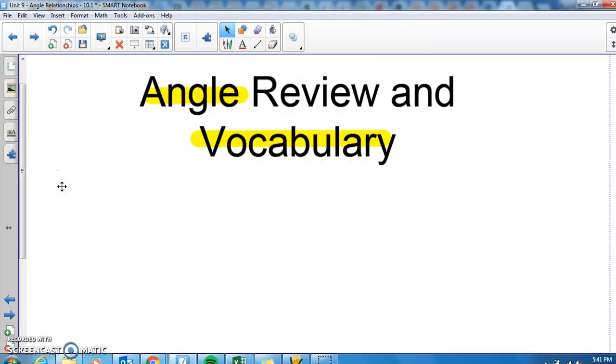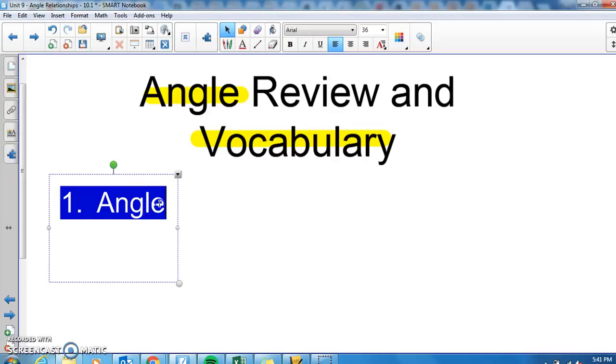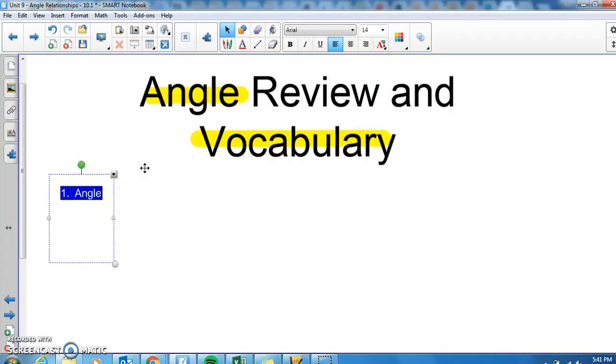So, first word is angle. Let me go ahead and change the size of this. So I'll move this to a 14. So first word is angle. Second word, right angle.